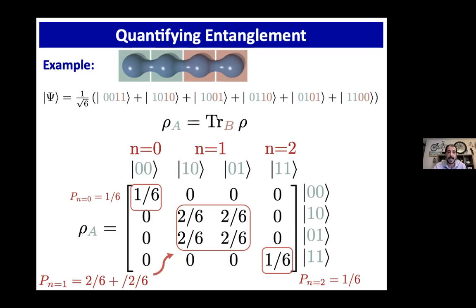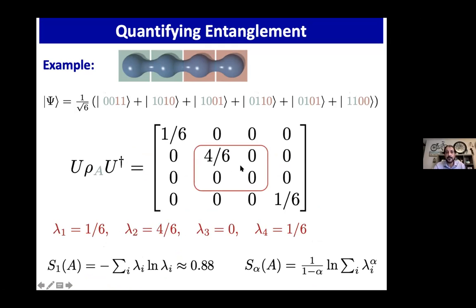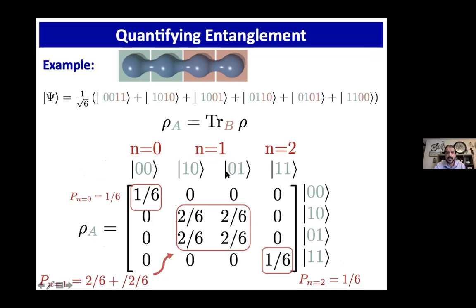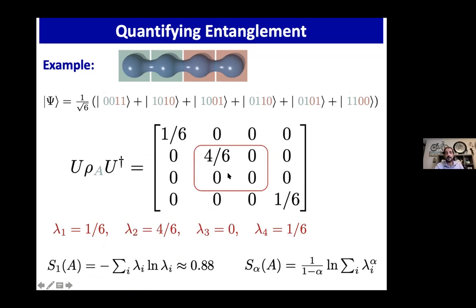Now, if we simply take this matrix and diagonalize it, and of course we are just diagonalizing the inner part here, the 2 by 2 matrix, with the 45 degrees rotation we get a diagonal matrix, and we have the eigenvalues of this density matrix from lambda 1 to lambda 4.